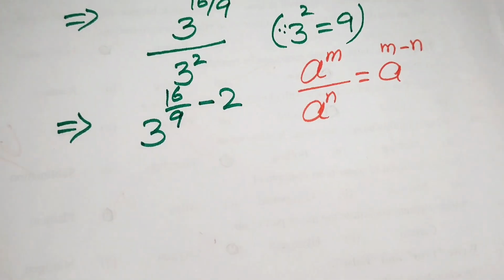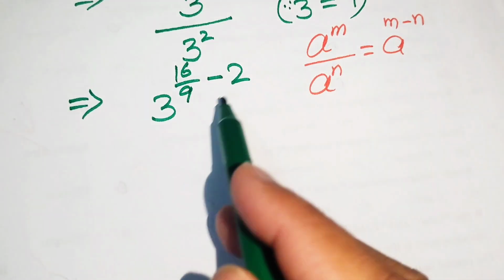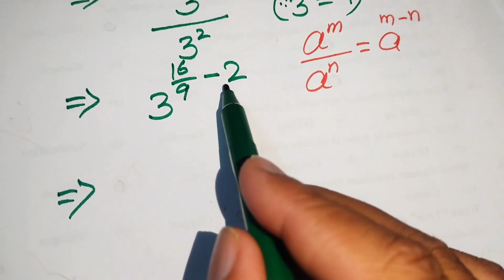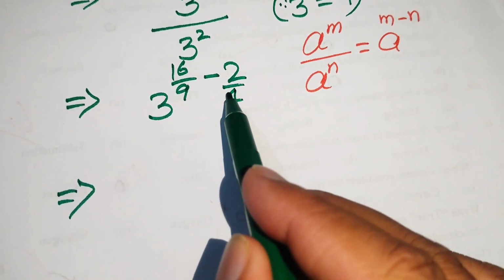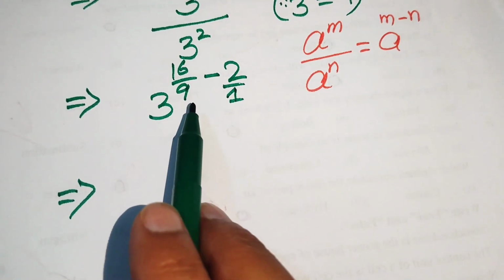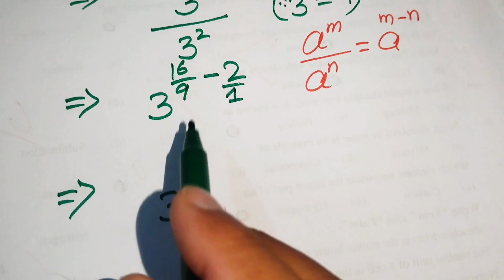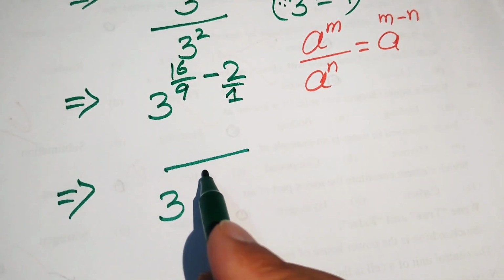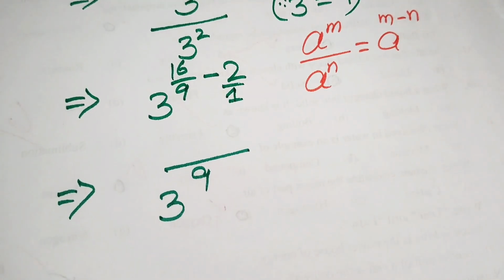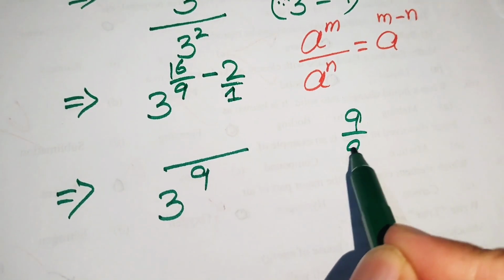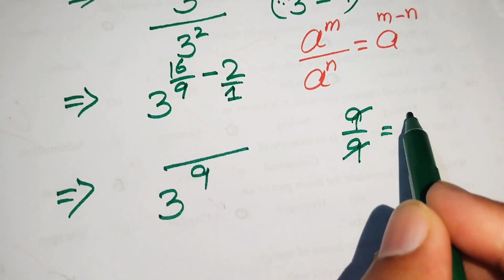And now in the next step, here we need to simplify the exponent term. In the exponent term, you see here the denominator of the second term is 1. So first we take the LCM of these terms, and the LCM will become 9. And now we divide this 9 by 9, and when you divide 9 by 9, then you get only 1.